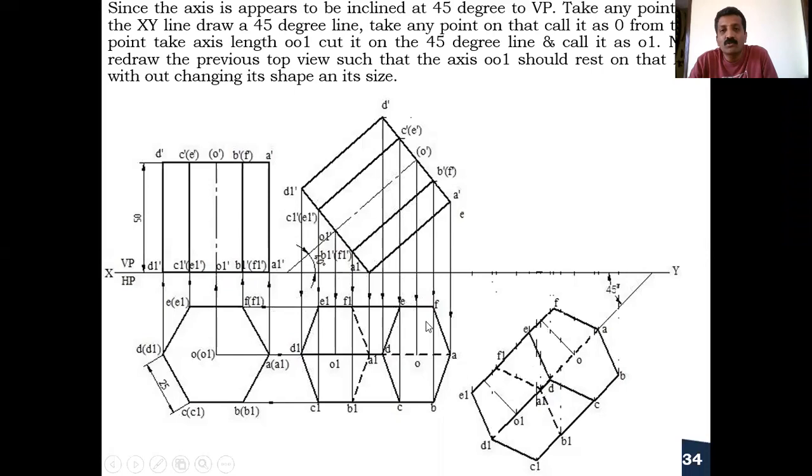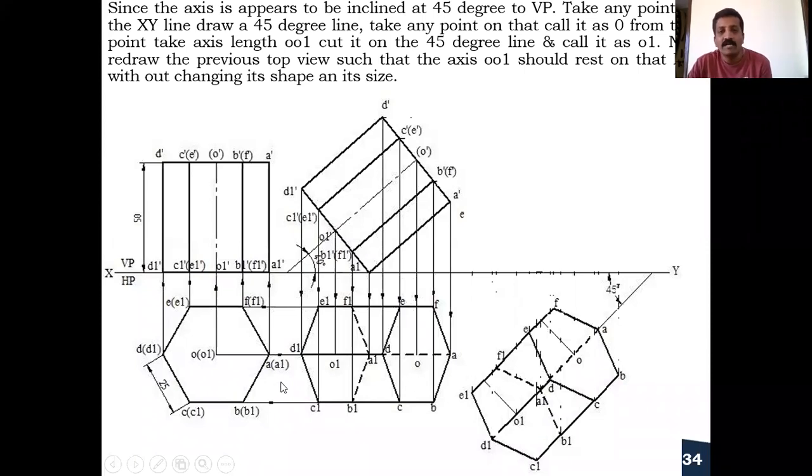Now how exactly to do this? On this 45 degree line, you have to redraw the entire previous apparent shape of the top view such that this axis point O should lie or coincide on this 45 degree line. First I have taken one point and called it O. Now O to O1 distance I will take and cut on this 45 degree line, and mark O1.